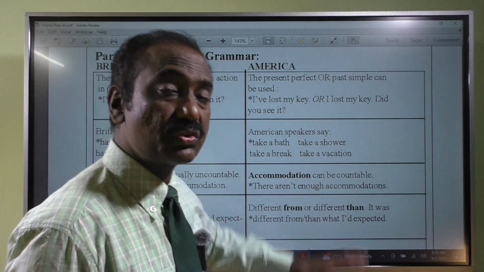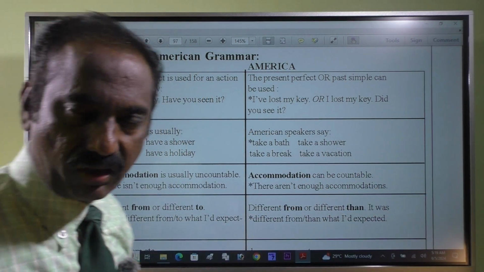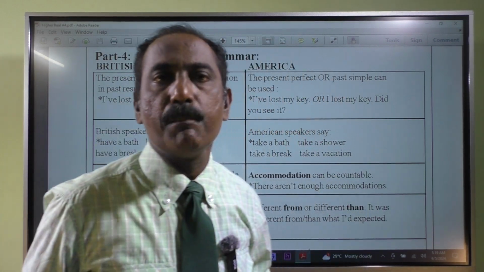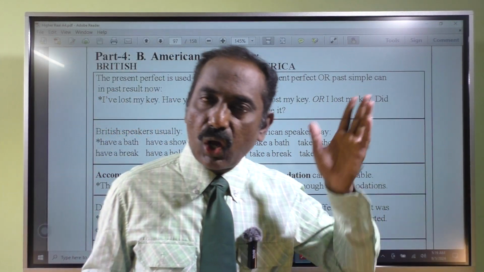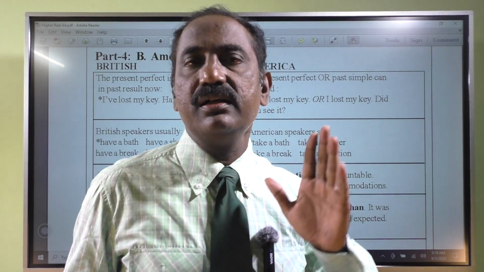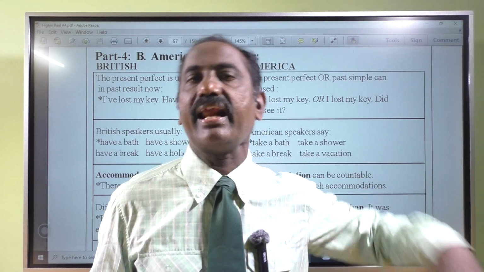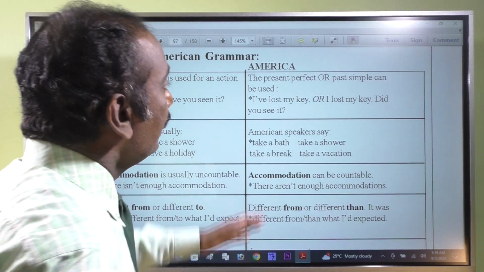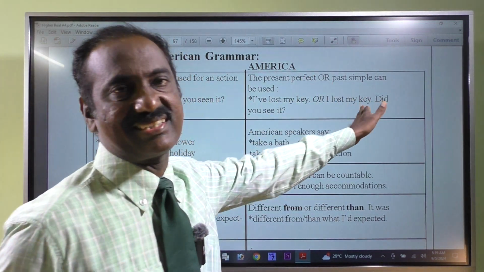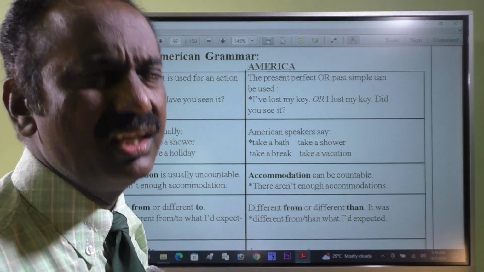But Americans usually use present perfect and past simple also. According to the total grammatical rules, past simple should be used for past or completed actions mentioned with time, day, date, week, month, year, etc. But these people usually use either present perfect or past simple for any completed action: I have lost my key or I lost my key. It is a usual thing.